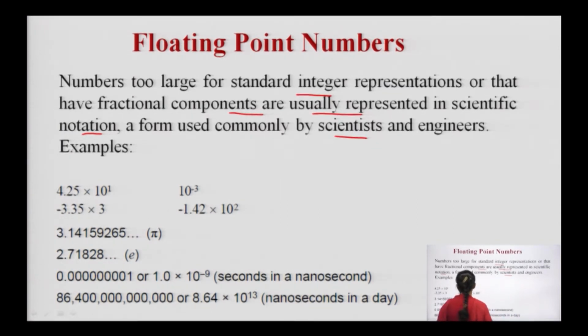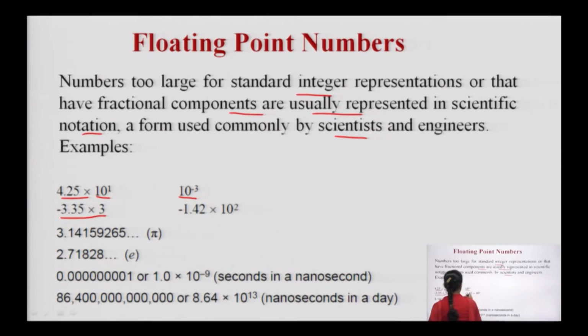For example, 4.25 into 10 to the power 1 is a representation of a floating point number. Next example, 3.35 into 10 to the power minus 3. Unless there is a negative sign written, we consider the numbers as positive.